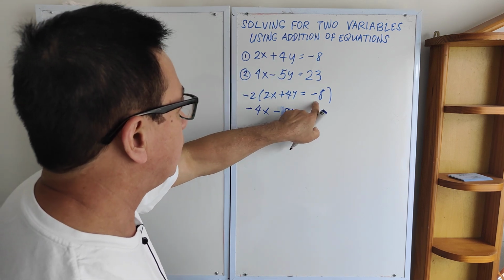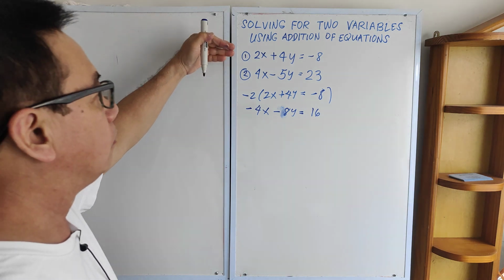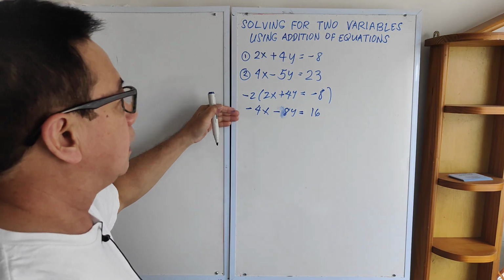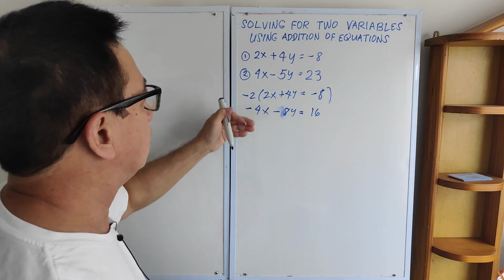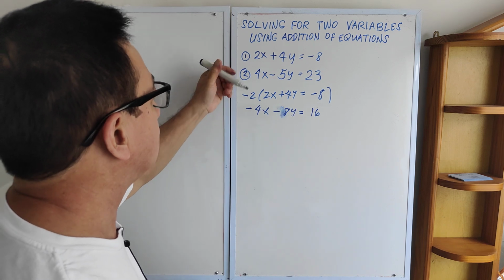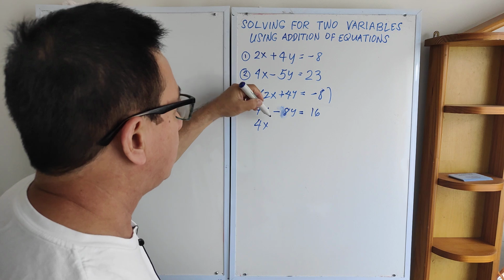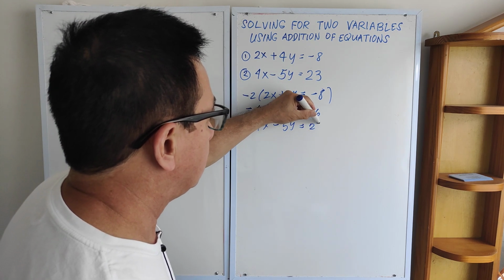Negative 2 times negative 8 is positive 16. Now we have transformed this one into this one. And then we can copy this one in the next row. So 4x minus 5y is equal to 23.